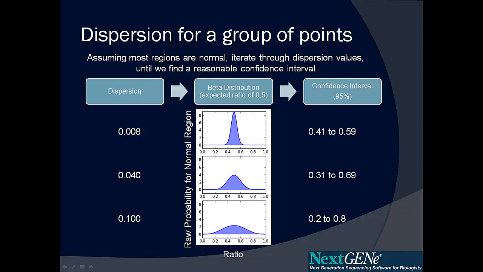And a 95% confidence interval in this case means that we'd expect 95% of the normal data to occur somewhere between 0.41 and 0.59. Whereas as the dispersion increases, we assume that there's a broader distribution of even the normal data, so our confidence interval also expands.